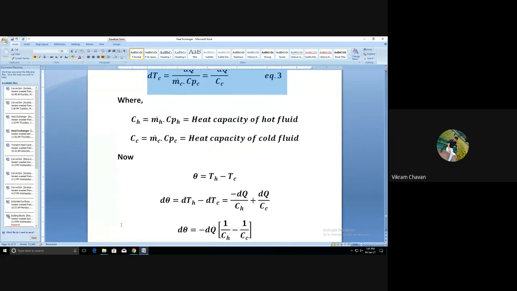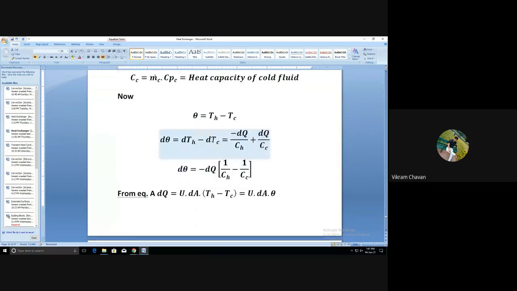Okay, further we have to consider theta is equal to Th minus Tc, and therefore if you differentiate this theta, then it will be equal to d theta, and Th minus Tc will become dTh minus dTc. Okay, and we know that dTh minus dTc is equal to minus dQ divided by Ch plus dQ divided by Cc.